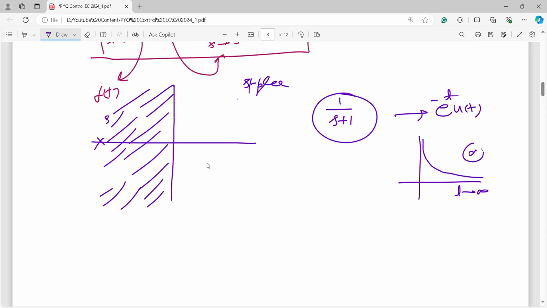So here the final value will be 0. Okay, in the time domain we can see this once t approaches infinity.